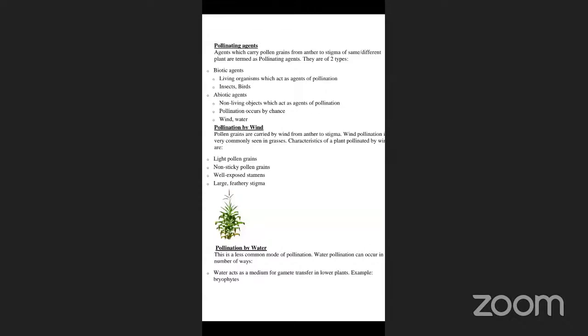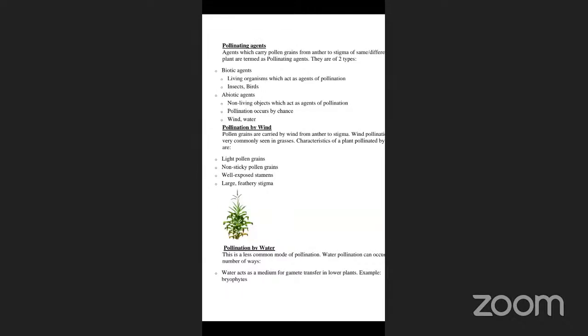Pollinating agents are commonly of two types: biotic agents and abiotic agents. Biotic agents means living organisms which act as agents of pollination, for example insects and birds.